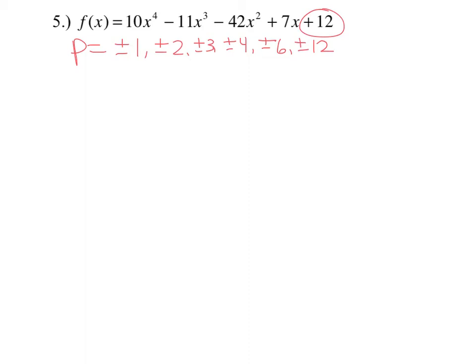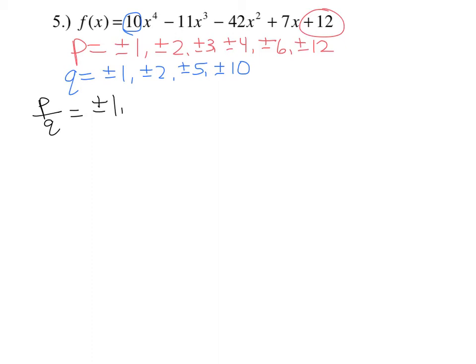Q, well, our leading coefficient is 10, so factors of 10: plus or minus 1, plus or minus 2, plus or minus 5, plus or minus 10. So unfortunately this time I do have to go through the whole process of p divided by q to find my possible zeros, because my leading coefficient wasn't just 1.